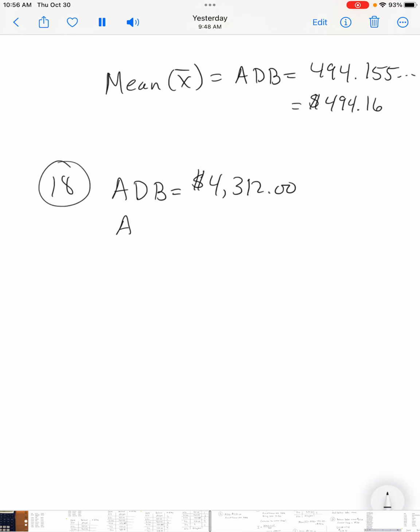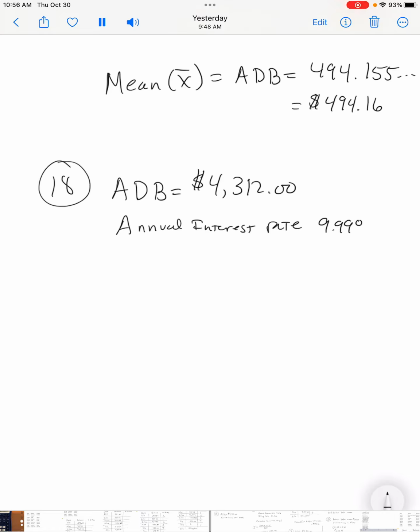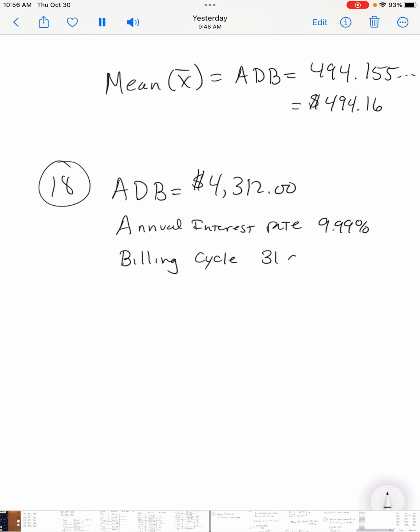It tells you that the annual interest rate, they have a great rate, is 9.99%. That's really good for a credit card. And it's telling us that the billing cycle consists of 31 days, like our very first problem.